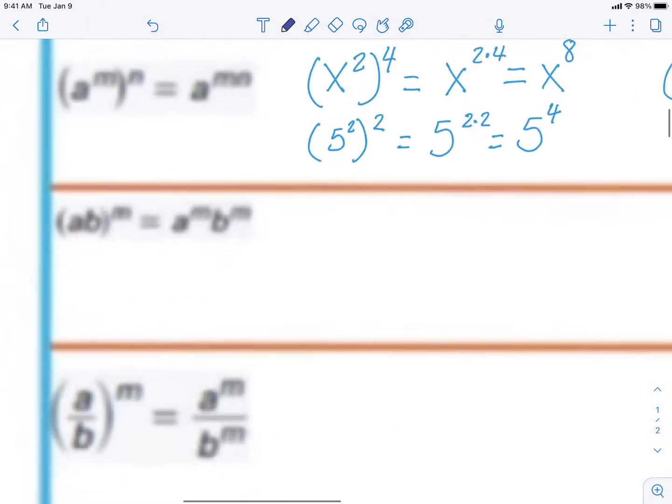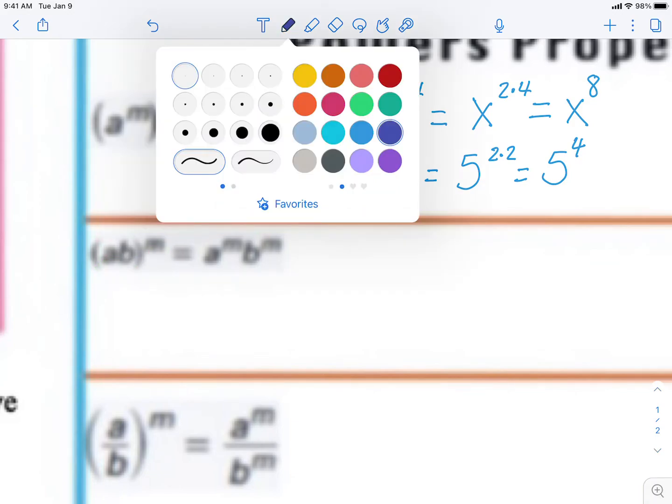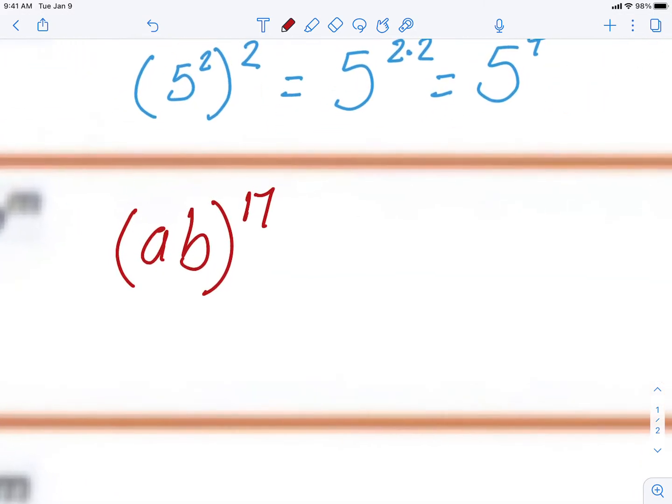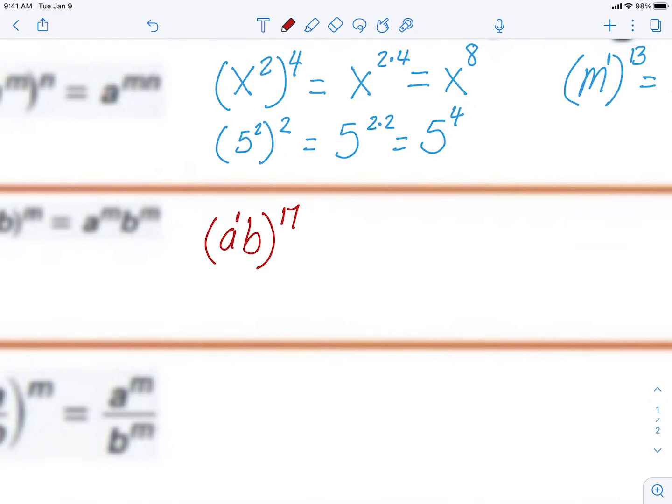Next, we look here, and it says ab to the power of m is equal to a to the power of m and b to the power of m. That means this m goes with a and with b. So let's take a look at what that looks like. Let's use the ab part, but instead of m, I'm going to use 17. Remember that this a and this b have invisible exponents of 1.